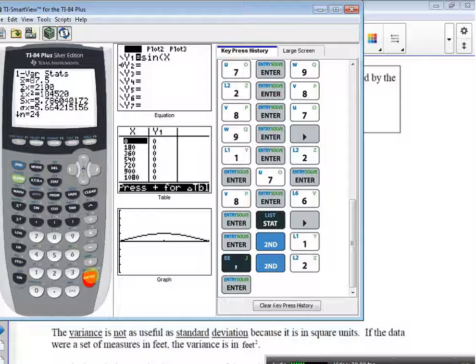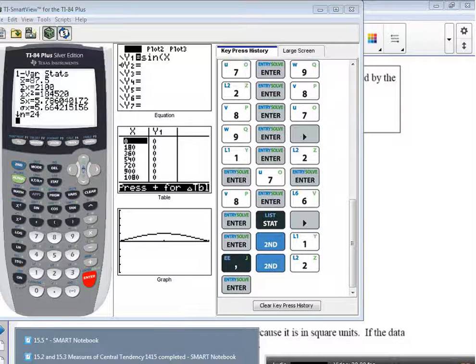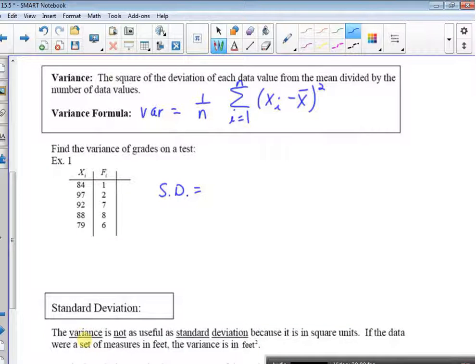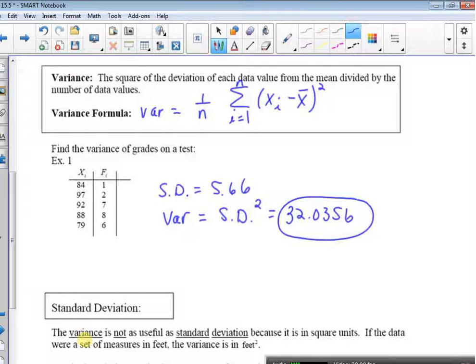So I'm going to go with the 5.66 value, and the variance is just the standard deviation squared. So 5.66 squared is 32.0356.